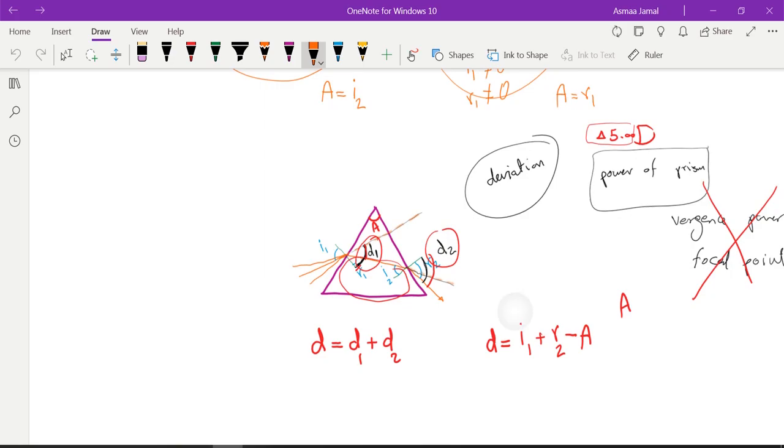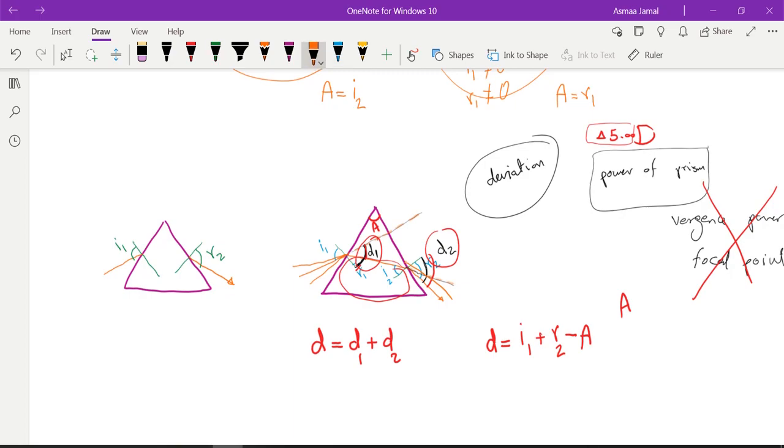angle of emergence here. Let's draw another prism. This is our normal here and here. When an incident ray strikes the prism at an angle equal to the angle of emergence, which means the first incident angle equals the second refracted angle, this will cause the minimum amount of deviation.